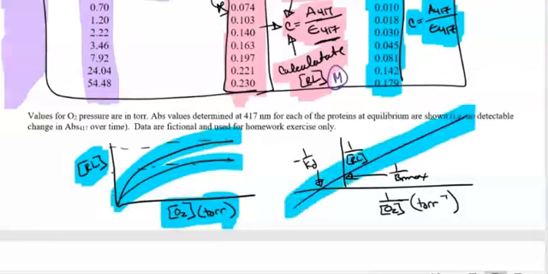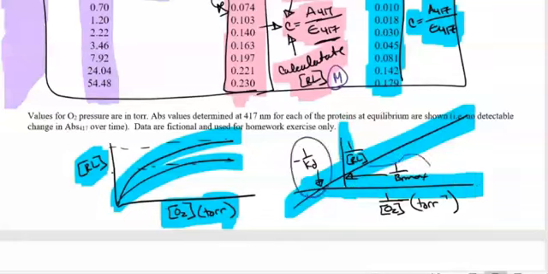And it is from this double reciprocal plot that you are going to be determining your KD and your Bmax. Okay. And that's it.